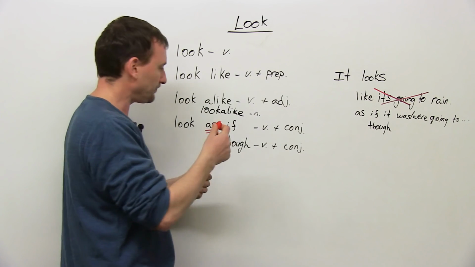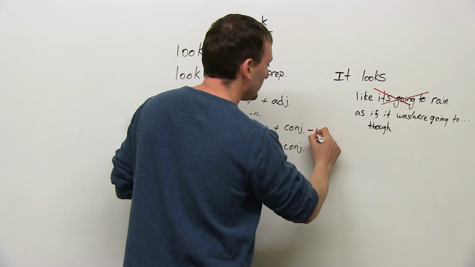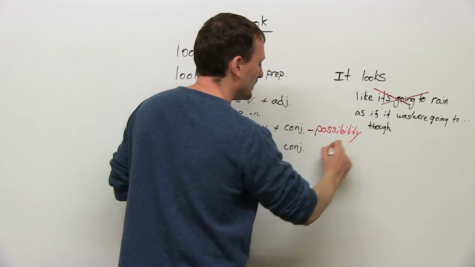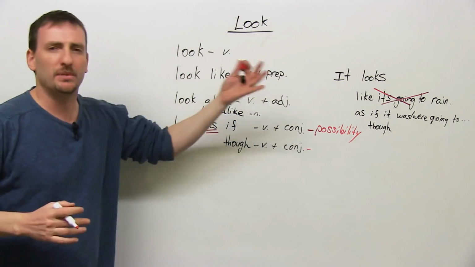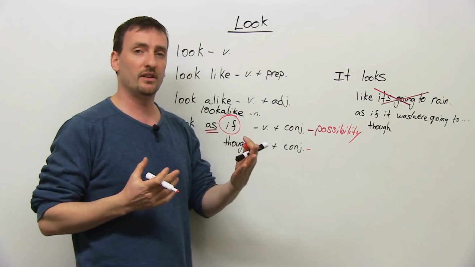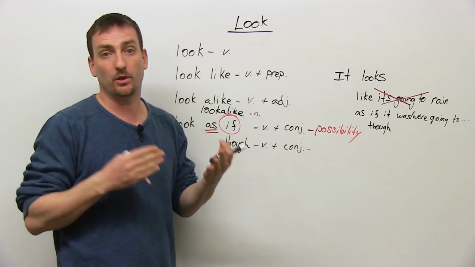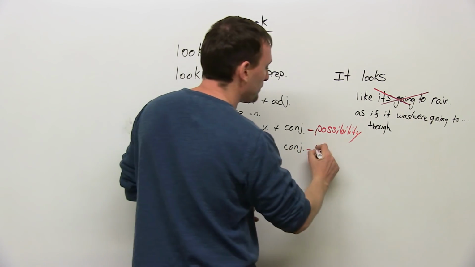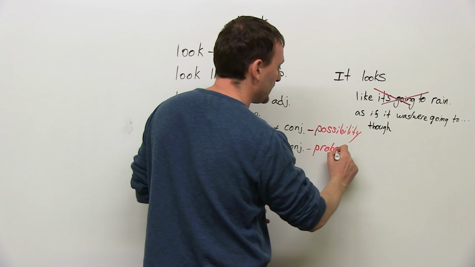For me, looks as if talks about a possibility. It might be that way. It's more of a hypothetical because of the word if. We usually use if as a hypothetical. Maybe yes, maybe no, we don't really know. Possible. Looks as though, I would say, is a bit more probable, a probability.